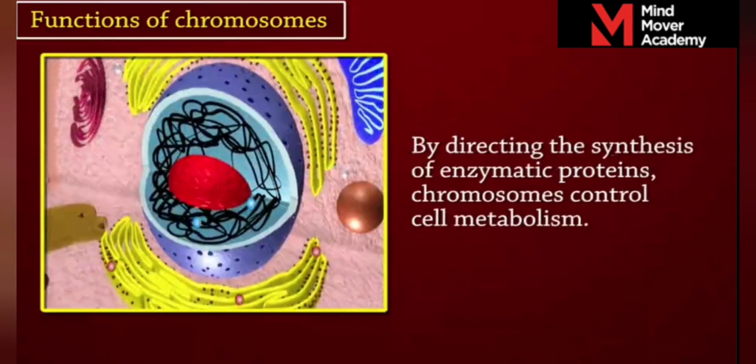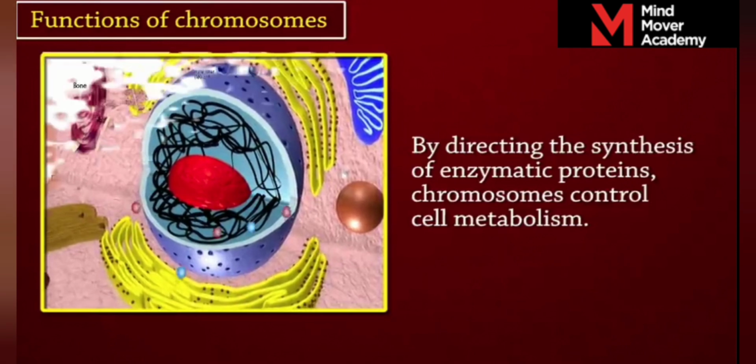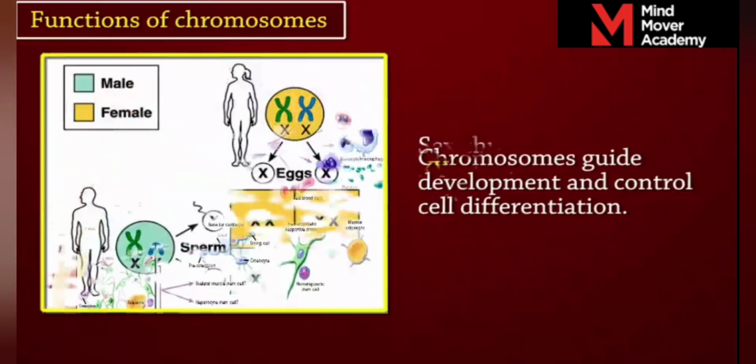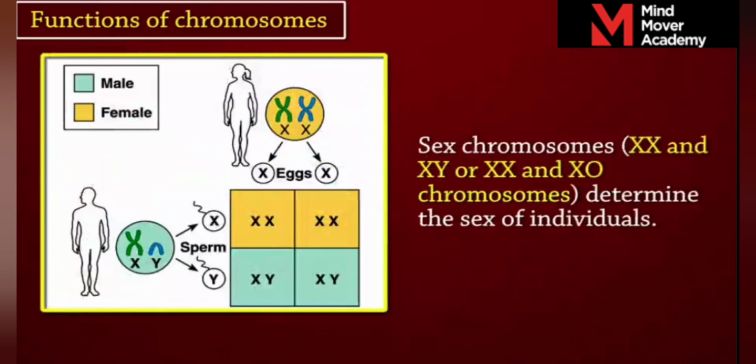By directing the synthesis of enzymatic proteins, chromosomes control cell metabolism. Chromosomes guide development and control cell differentiation. Sex chromosomes XX and XY or XX and XO determine the sex of individuals.